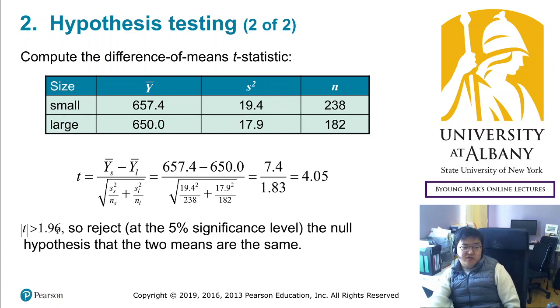The threshold is usually 1.96, so the null hypothesis is rejected, and it implies you get a strong conclusion that class size has a statistically significant impact on test scores. That's the conclusion of this method.